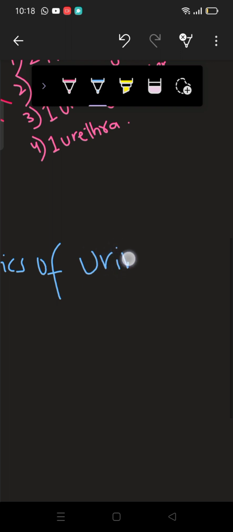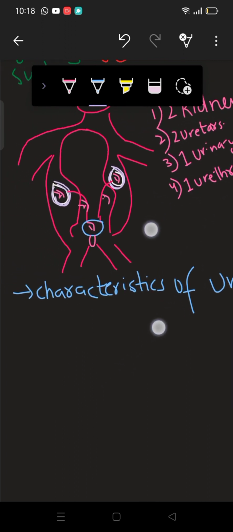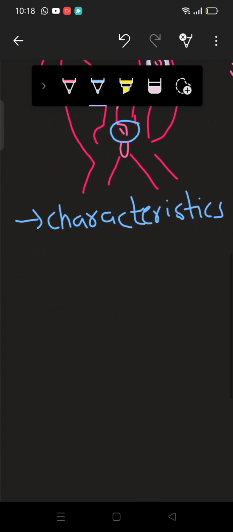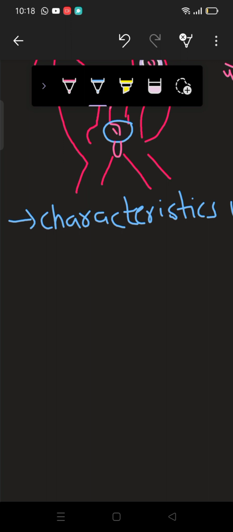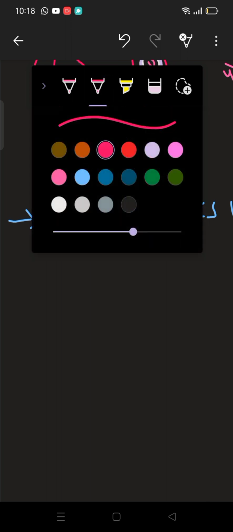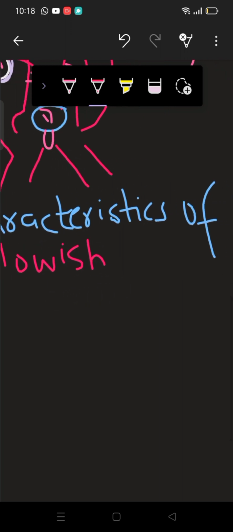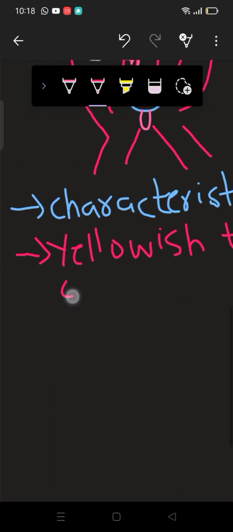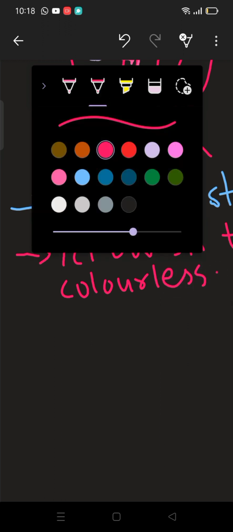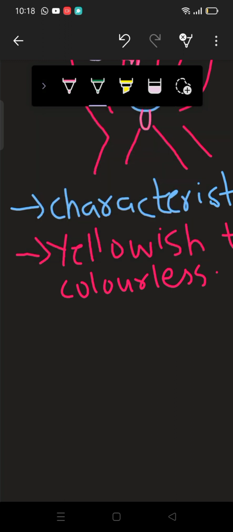The first characteristic is about the color. The color is yellowish to colorless. We'll be talking about how it gets its yellow color in the further lectures.